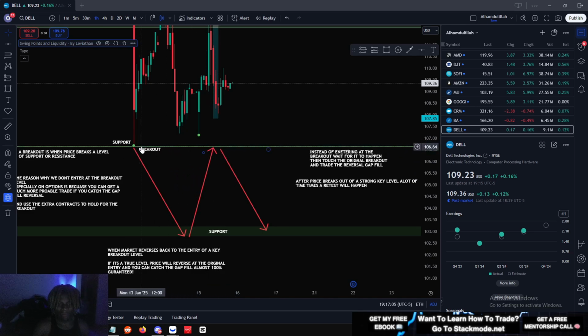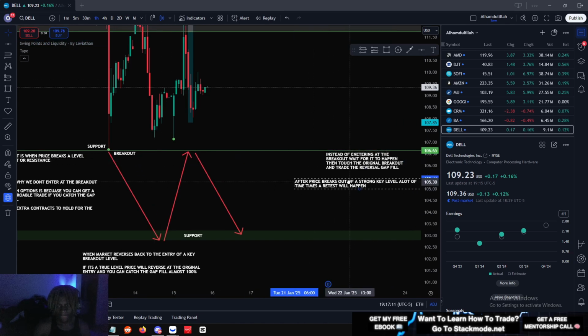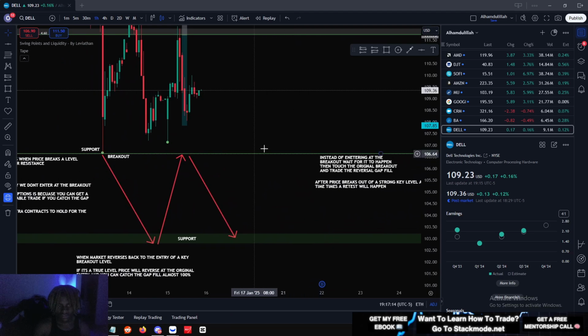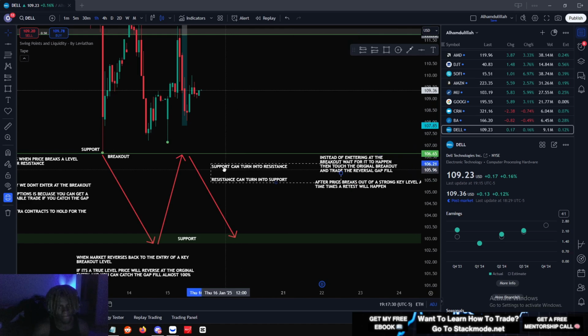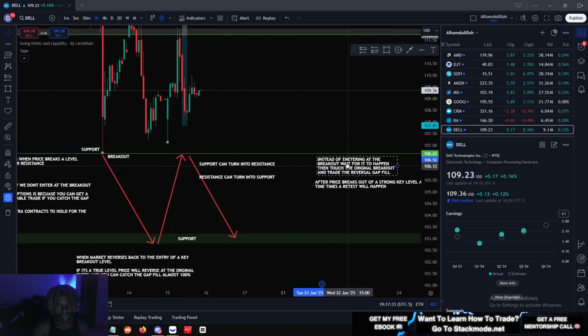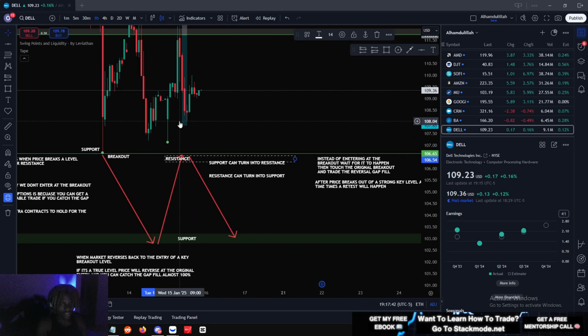So the reason why price is going to come up and test the original breakout entry again is because support can turn into resistance, and resistance can turn into support. Please write this down. Support can turn into resistance, and resistance can turn into support.